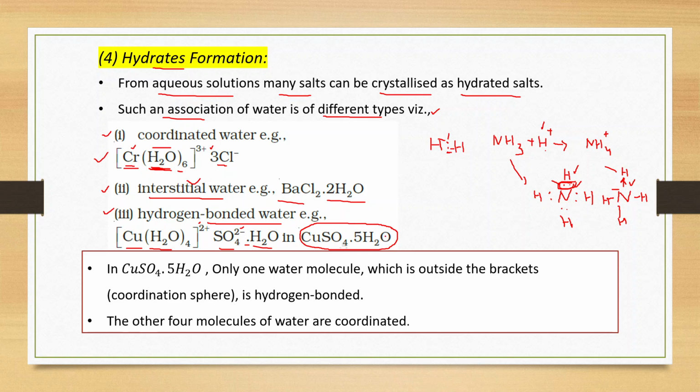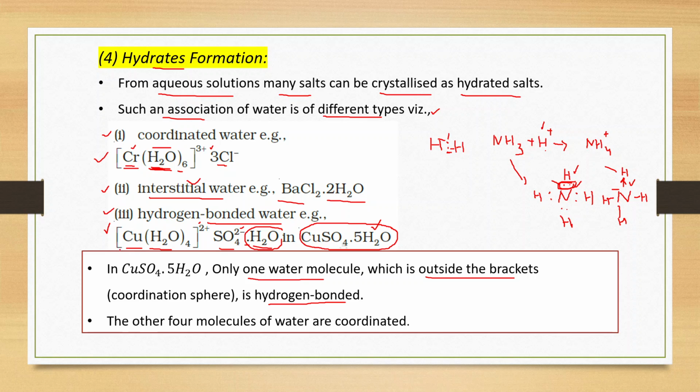In this case, there are 5 water molecules, but only one water molecule, which is outside the bracket, that is this one, is hydrogen bonded. Out of 5 water molecules, only one is hydrogen bonded, and the 4 water molecules written in this square bracket are coordinated bonded.